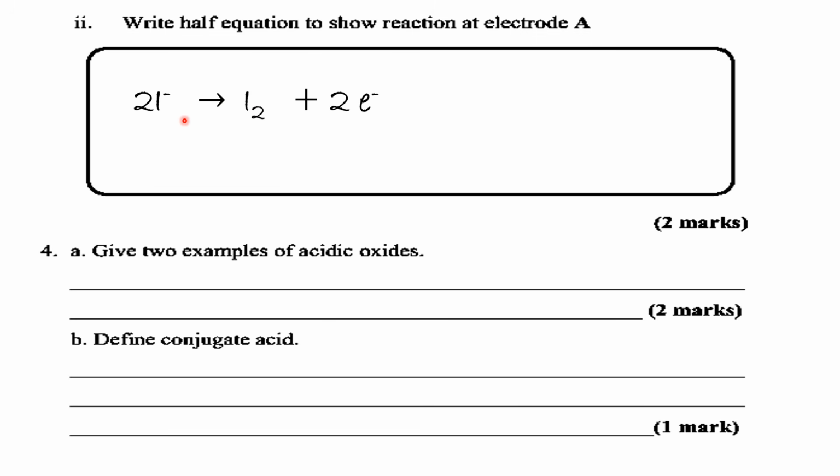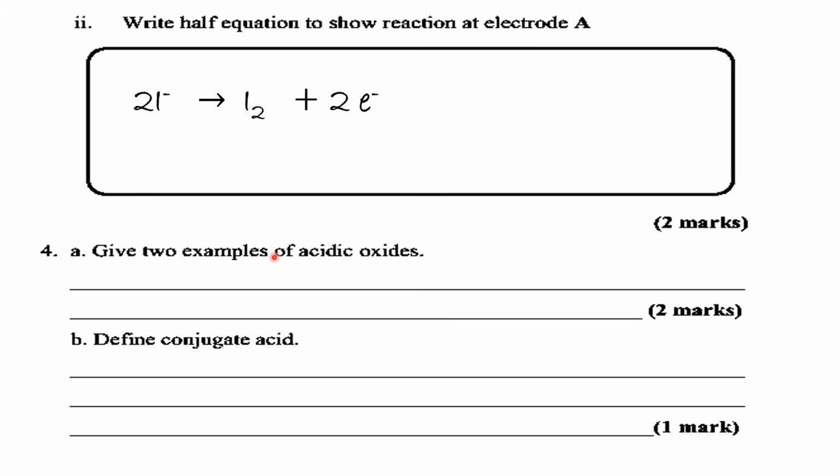So the half equation to show the reaction there at the anode. By the way, the statement has not told us that A is the anode. We have just figured it out ourselves because A is connected to the positive terminal of the battery. Therefore, it's an anode, and oxidation has happened there. This is the half equation.